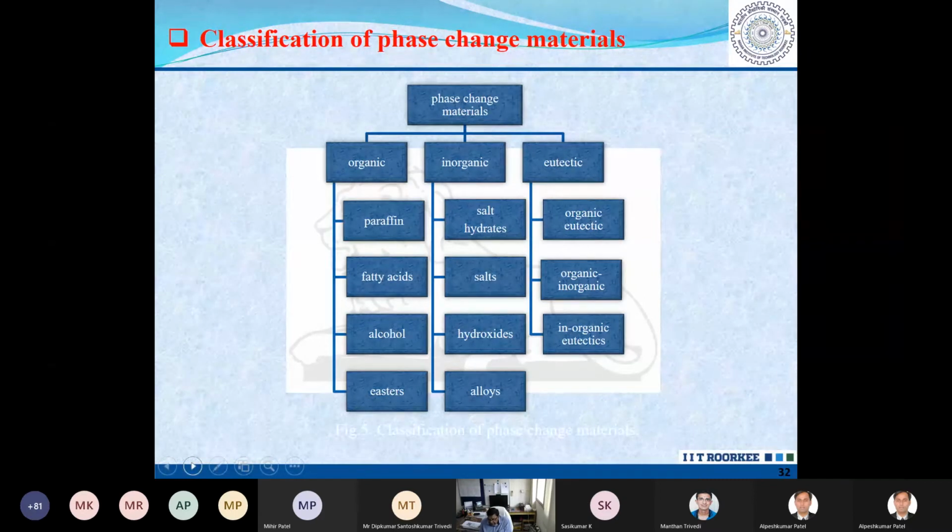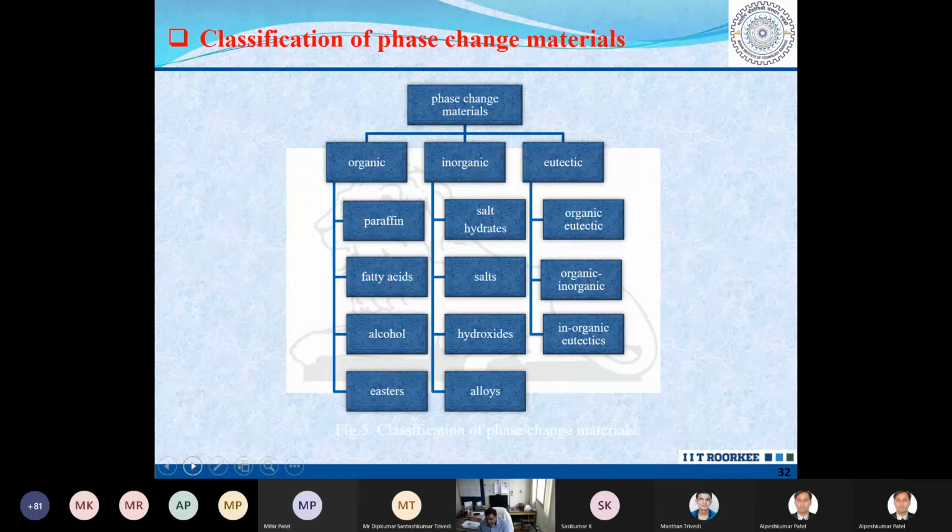Then similarly, the phase change material. Some materials have the property to change their phase, so those materials can be used. But of course, now we have to use a material which is very efficient. Efficiency means the charging, discharging, and energy content.